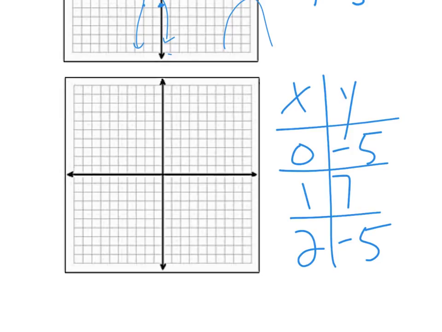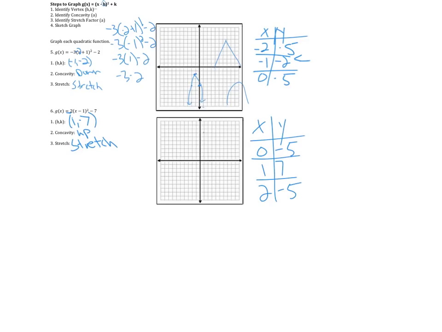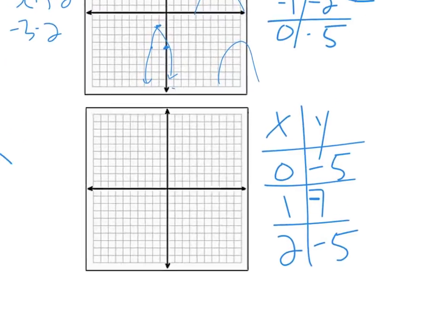I have negative 7 over here, but I wrote positive 7 there, so we get (1, negative 7).